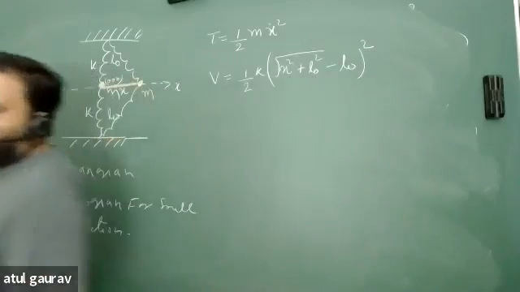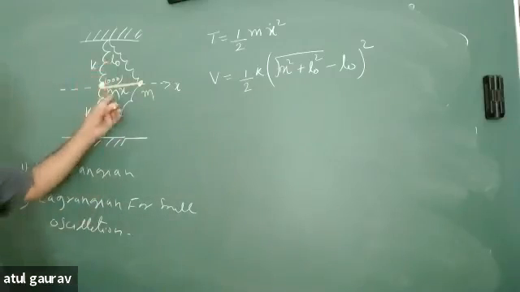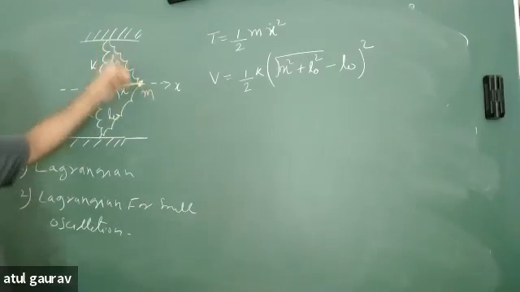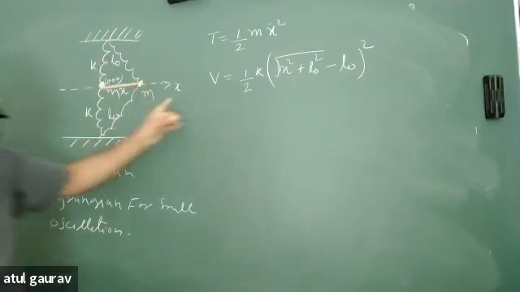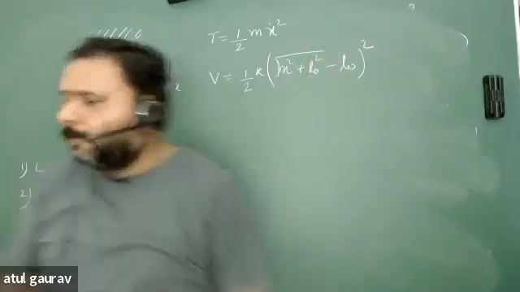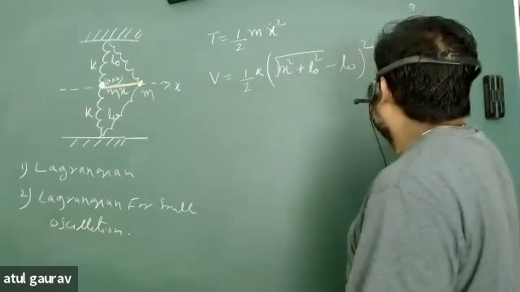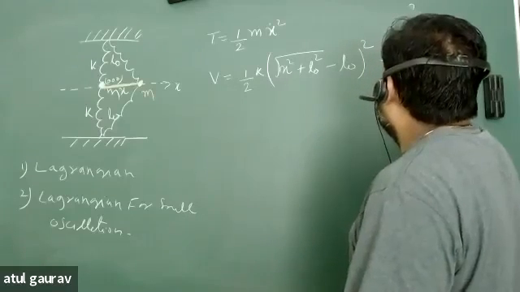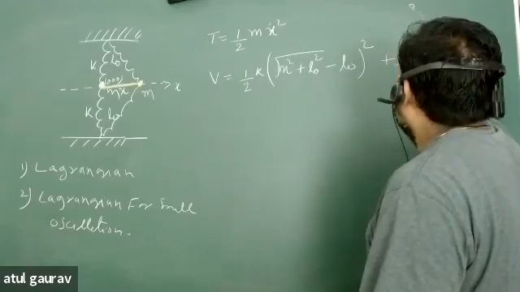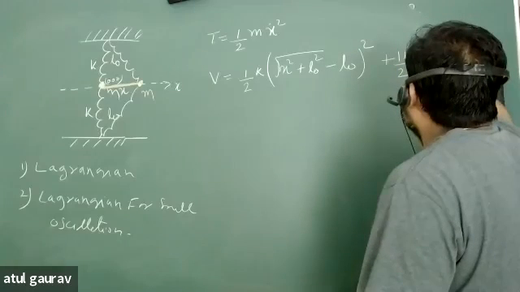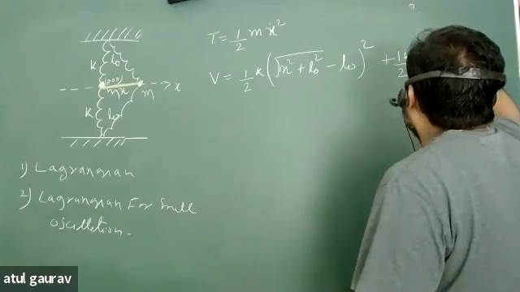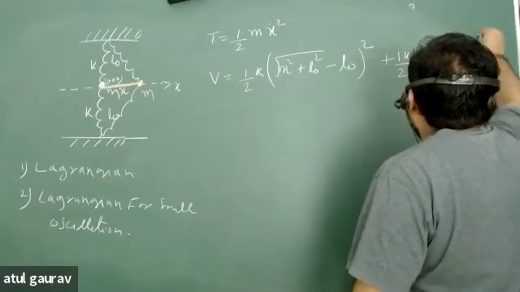Because I just want to write the extension. L naught is the natural length. The complete length minus the natural length is the extension, squared. The second one is the same thing. Don't worry. So half K, X square plus L naught square root, minus L naught, whole square.